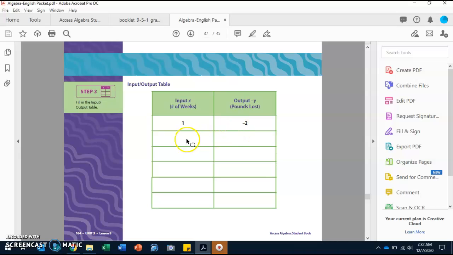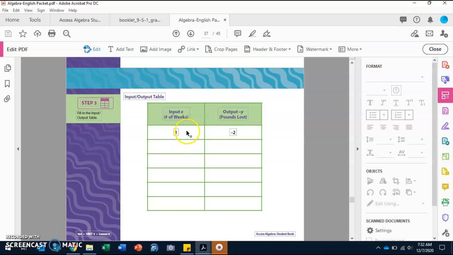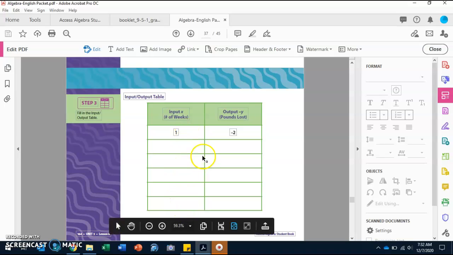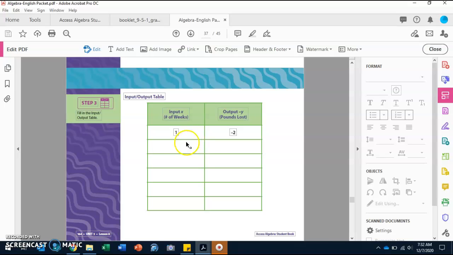And here in this output table, guys, what we're going to do is just continue going down. See how much weight he loses as the weeks go by. So this is week 1. So for week 1, what comes next? Yes, you're correct. Week 2.